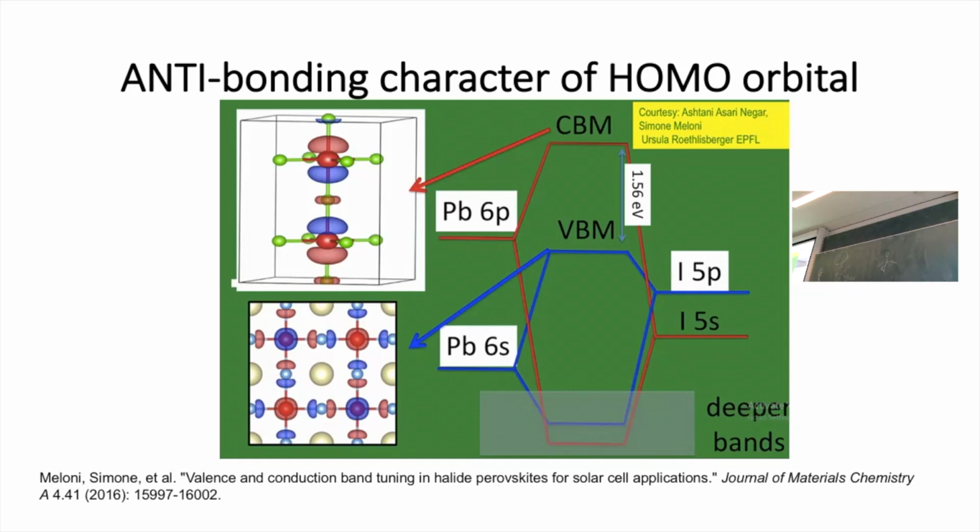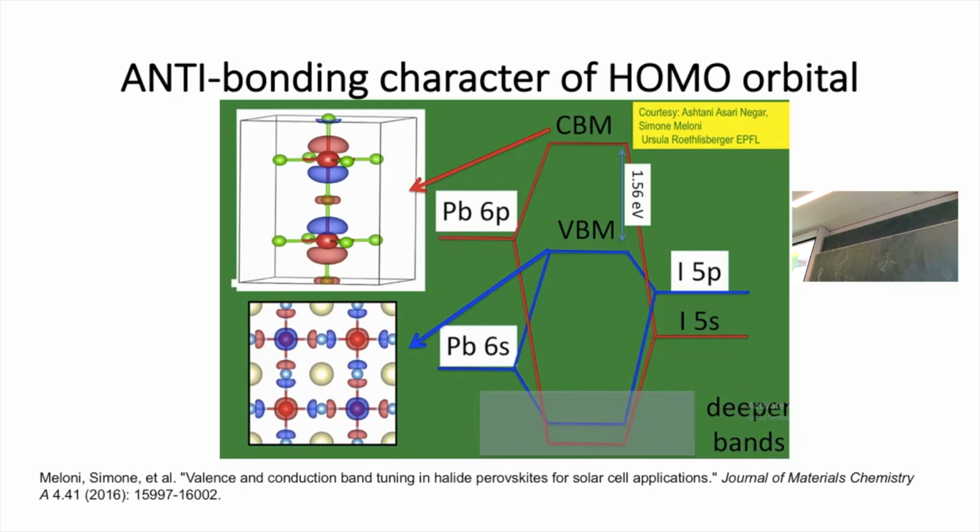So this is the monocation that does not play a role in the orbitals, in the band gap. So here we have the s orbital of the lead and the p orbital of the iodine. So that makes up this valence band maximum. The conduction band minimum is mainly the 6p of the lead. So that's this one here, and the 5s of the iodine.